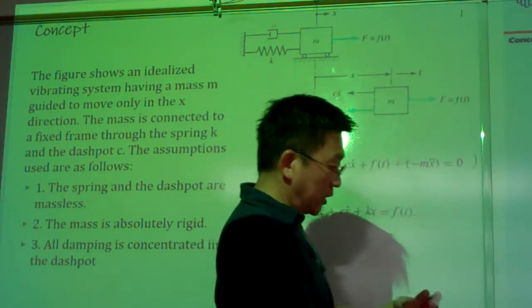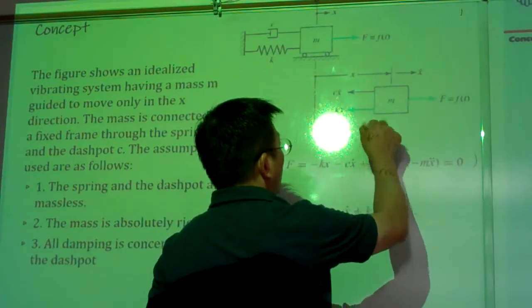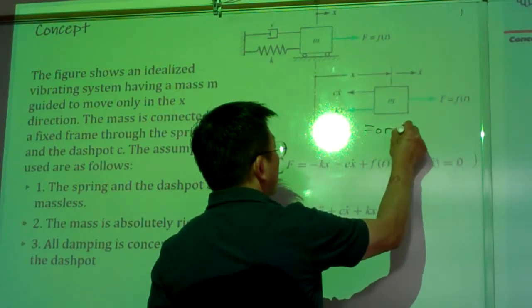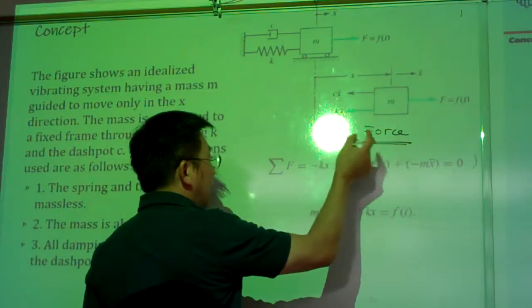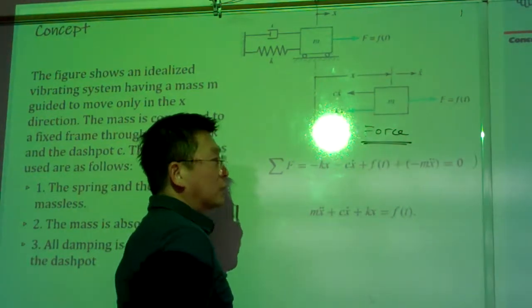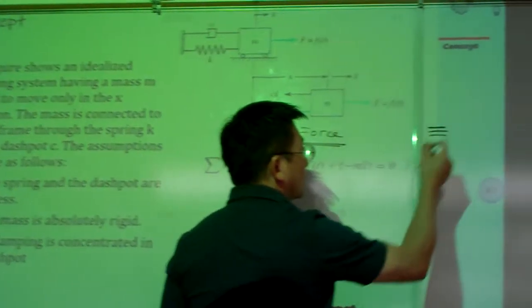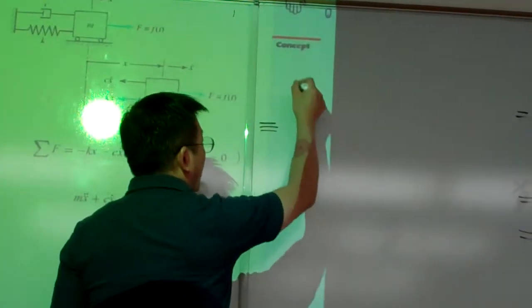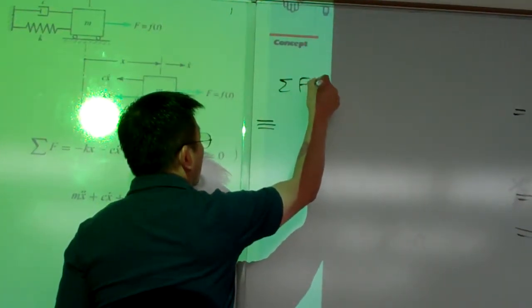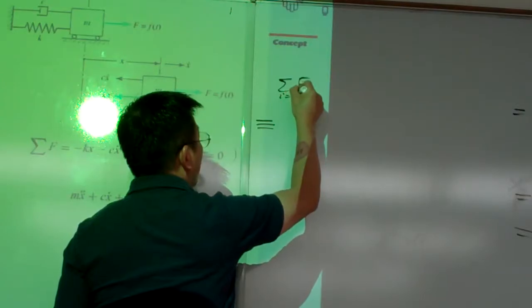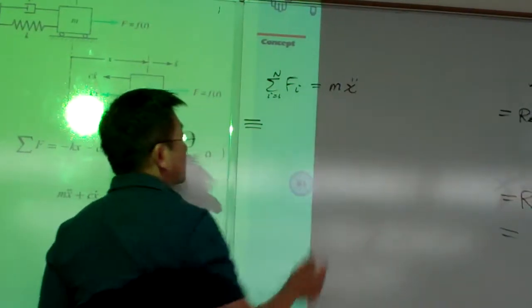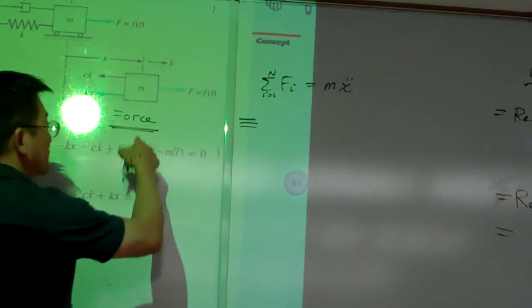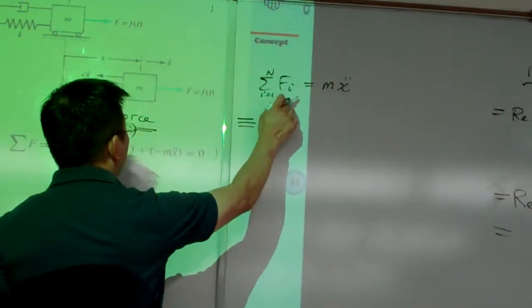So under the situations, this is the total force applied onto the mass block, and using Newton's second law, the sum of the forces, for whatever number of forces we have, from 0 to n, will be equal to m times x double dot. So basically this whole thing will be equal to this.